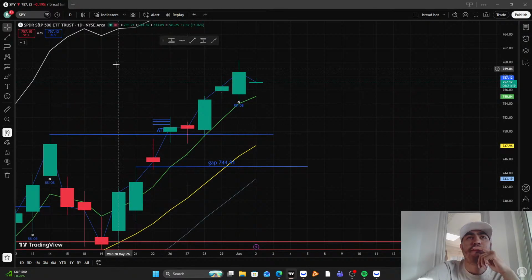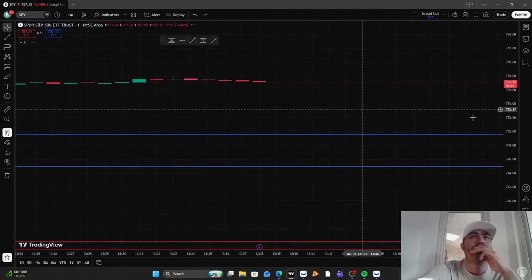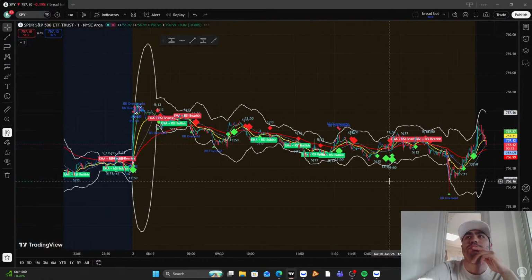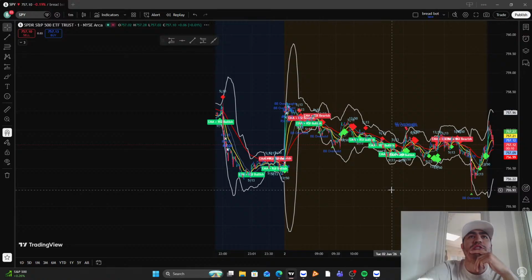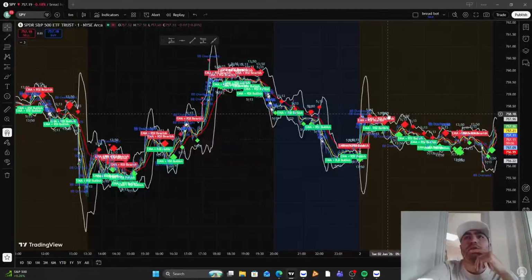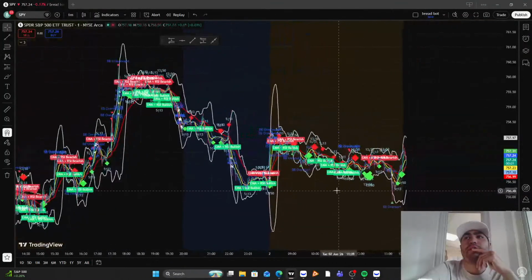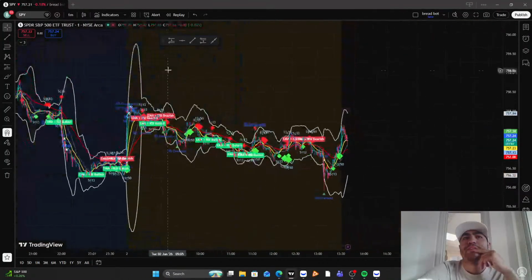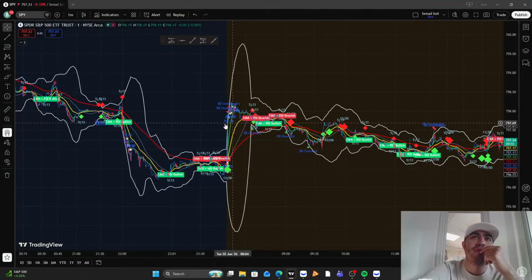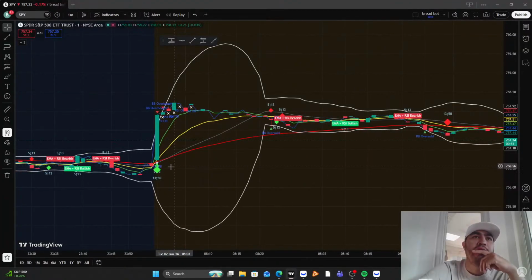All right, let's go back over here. Let's break this down on a 1 minute time frame. What do I see? Looks like a cup formed right here. Is this a formation of a cup in the afters, afters to pre-market? Do we have a gap over here?